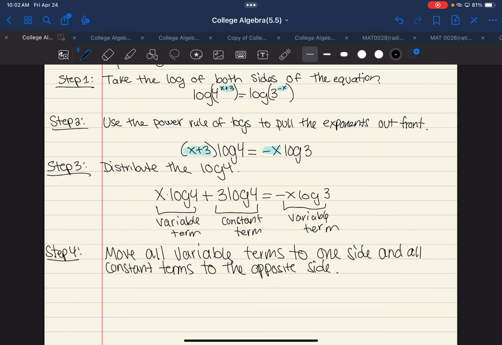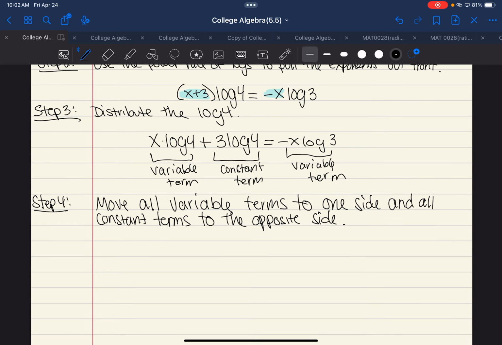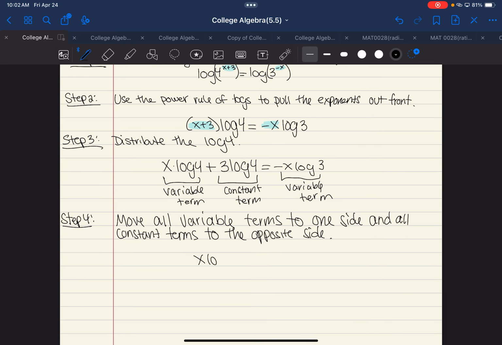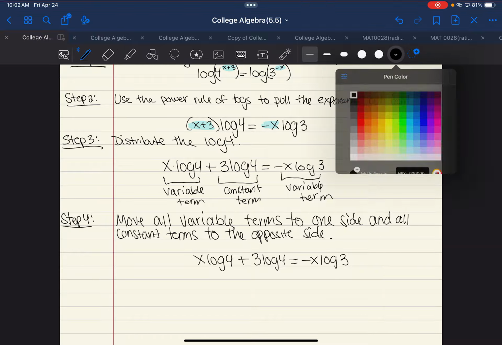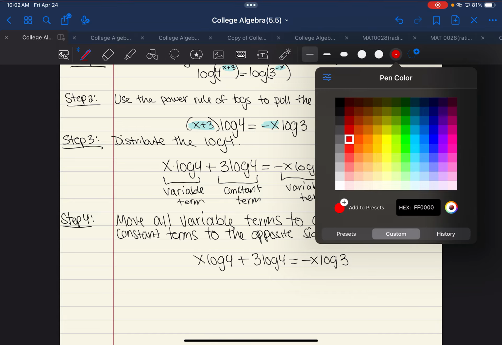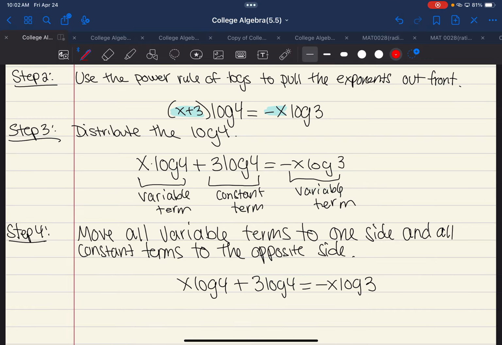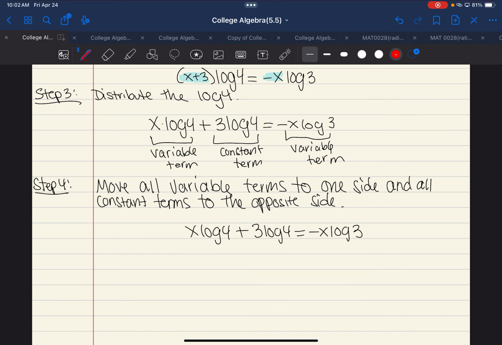So I'm going to rewrite. I'll just rewrite the problem first to show you what I'm doing. So what I'm going to do is add x log of 3 so that those 2 terms cancel.